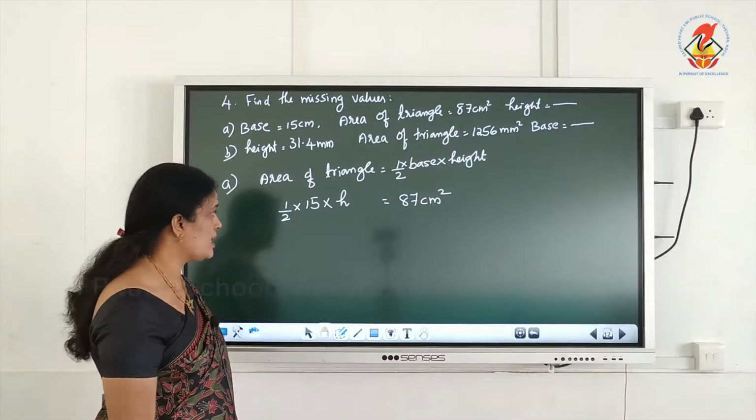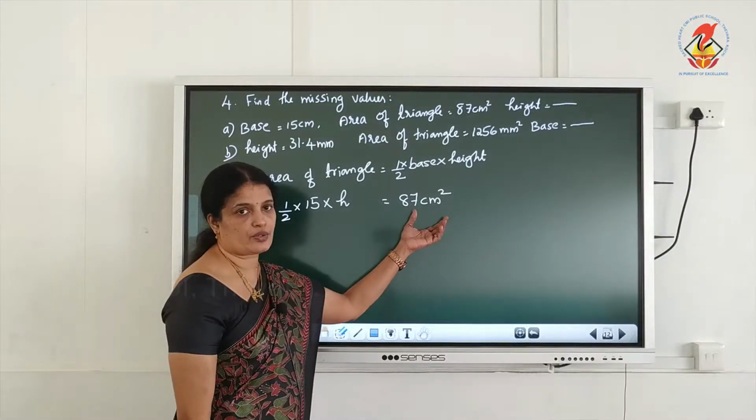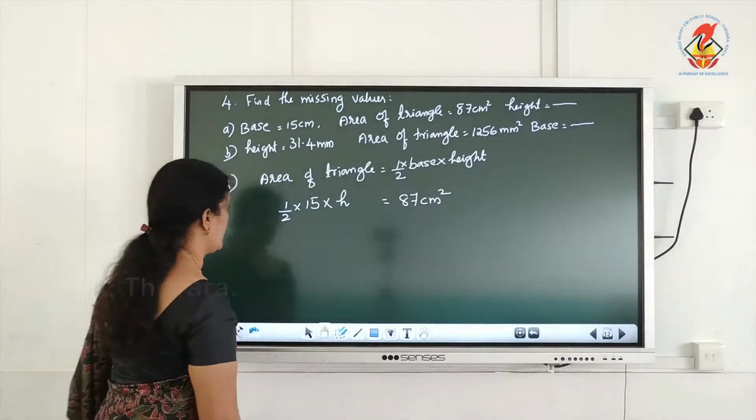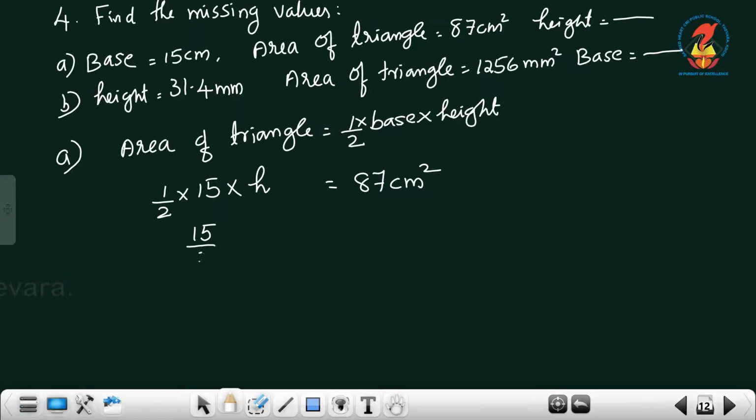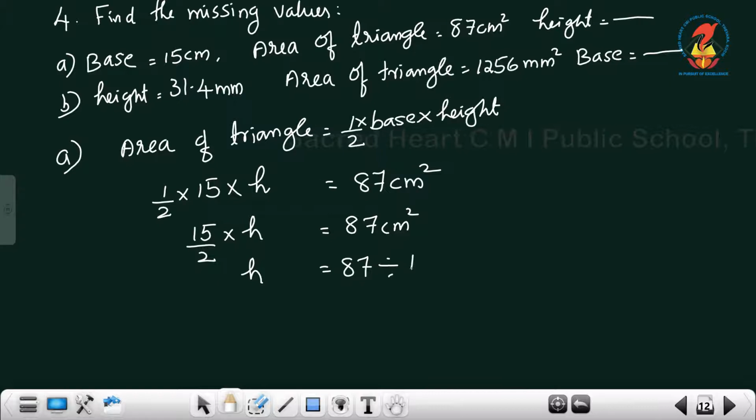Then 1 by 2 into 15, you can write 15 by 2 into h equal to 87 centimeter square. By transposing method we can write 87, 15 by 2 moving to the right hand side, it will become divide 15 by 2.